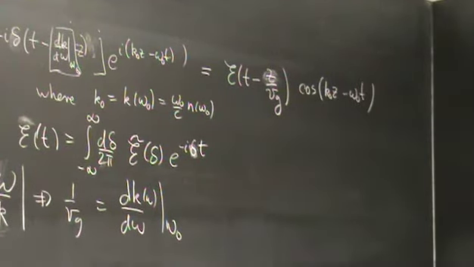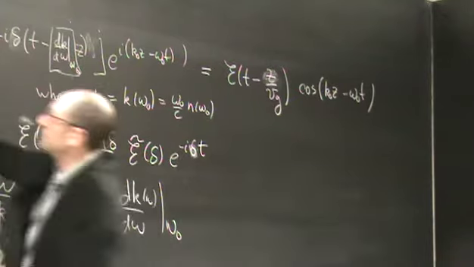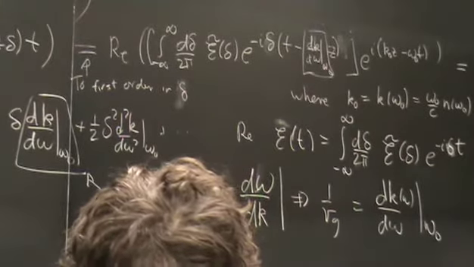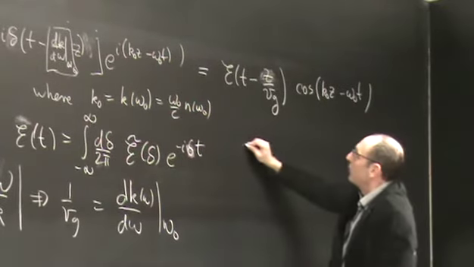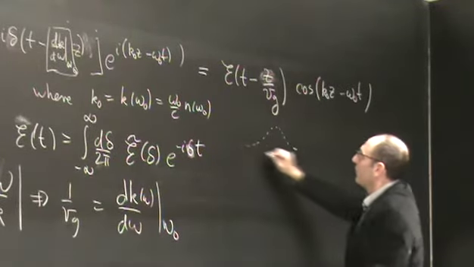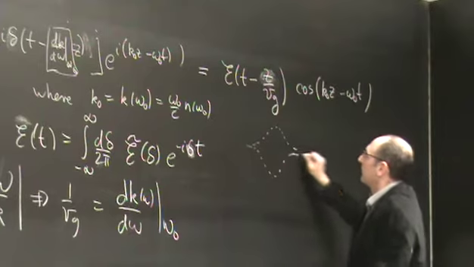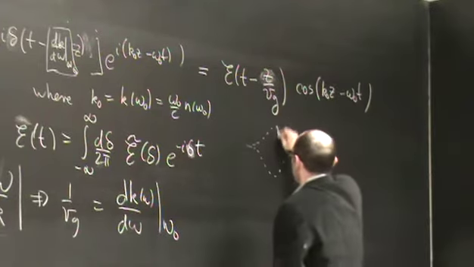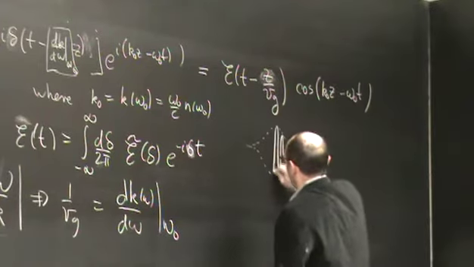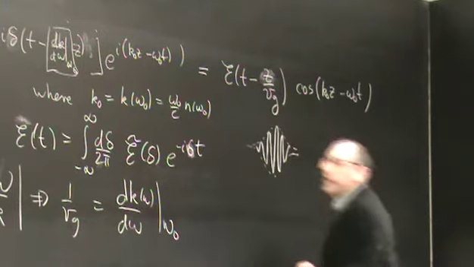That's the solution to first order in delta. That solution shows the behavior whereby I start with some pulse envelope, which has some carrier.